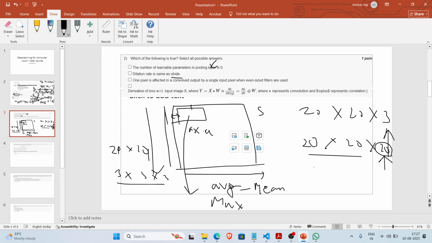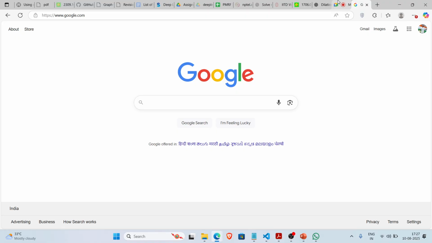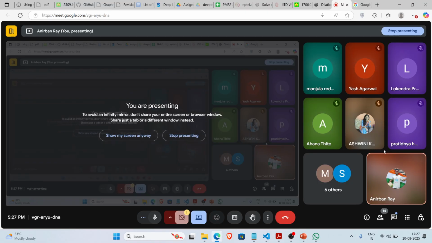So after the first convolution the operation becomes a 20 channel image. Or you can say it is not an image anymore, it is like a 20 channel feature, not a vector of course. Vector is like one dimensional. So are you able to follow, or am I too fast?